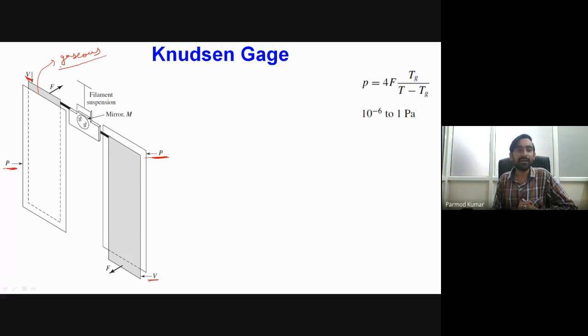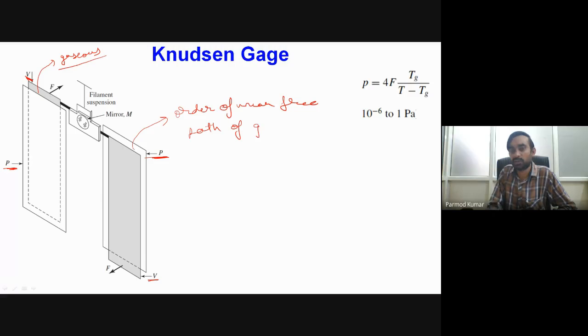Generally we keep a very fine or very close spacing between the moving plate and the stationary plate, and this spacing between the plates is of the order of the mean free path of the gas molecule. So whatever the gas we are having, depending upon the mean free path of the gas molecule corresponding to the given condition of temperature and pressure range, we consider the spacing between the two plates.